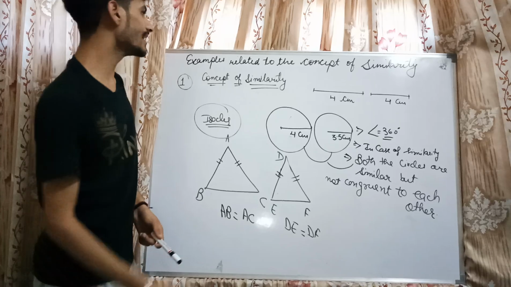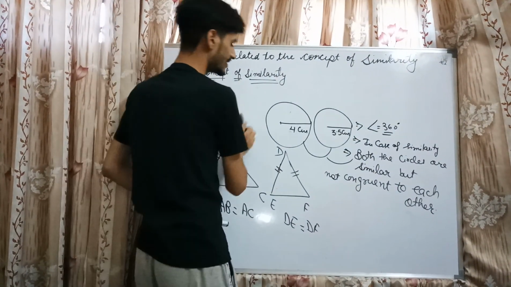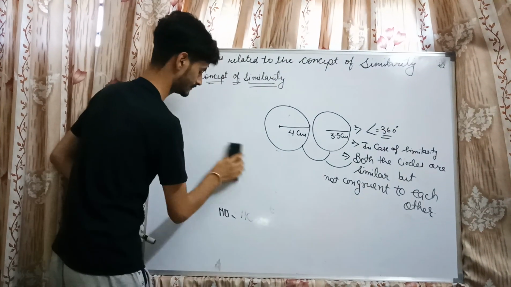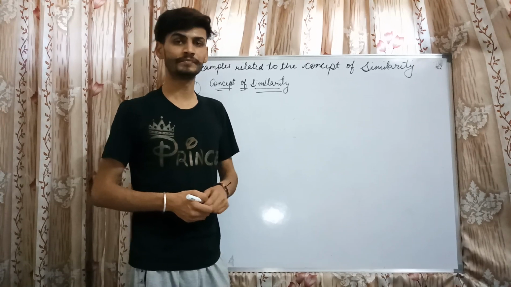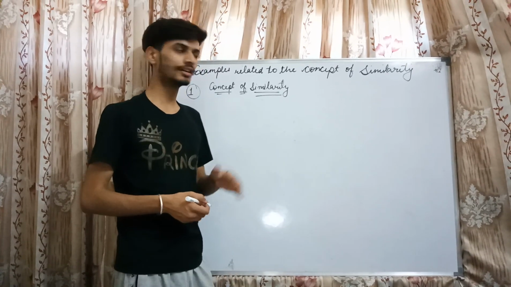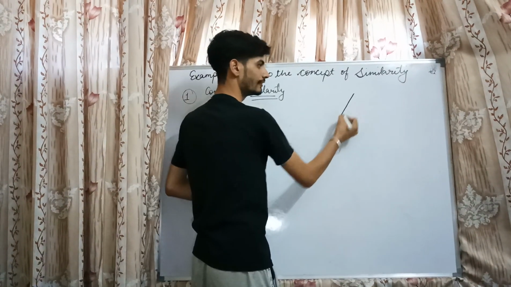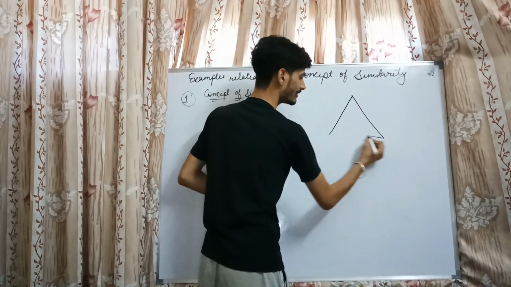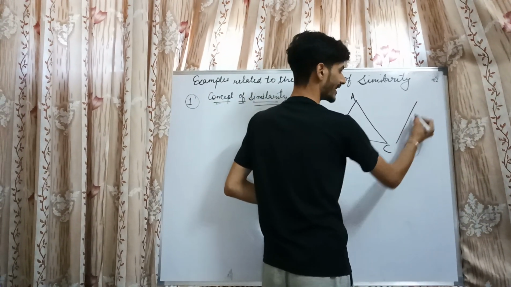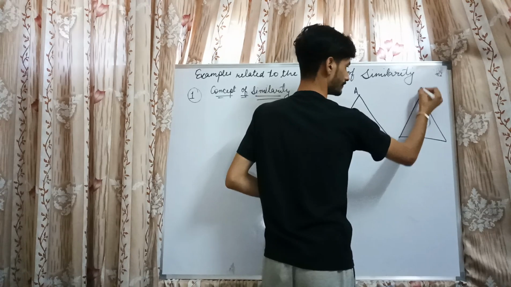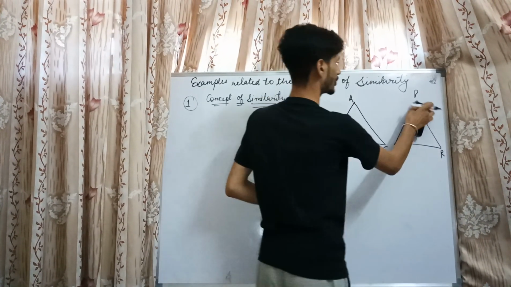So let us take another example. Previously we took an example related to an isosceles triangle, but now we are taking the example of an equilateral triangle ABC and triangle PQR.